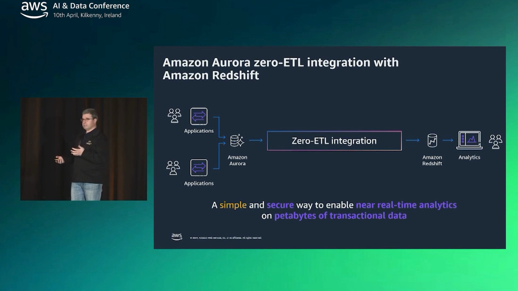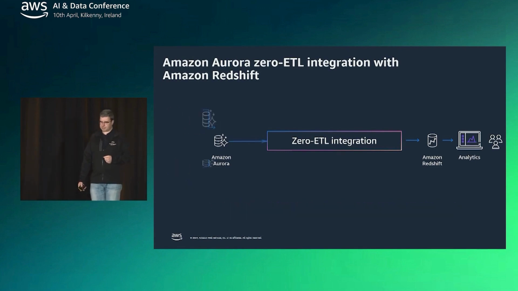We have this ability in preview for Aurora Postgres. So this one is coming soon. And it will be copying the data to Redshift. And this will allow you near real-time analytics on your production data without impacting your production database or any need to upgrade it or anything else.